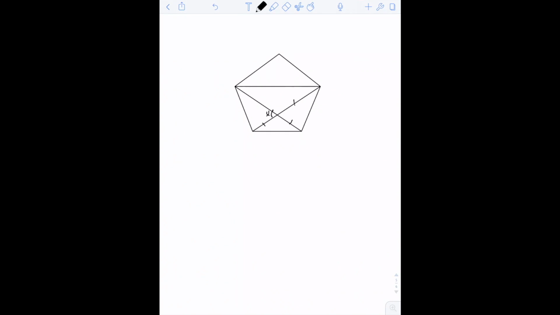Now let's say we have a regular pentagon and we want to find this angle. So we can see that these lengths are the same by symmetry, and these two lines are parallel. So these two shaded triangles are similar by ASA similarity, and these angles are congruent. So the sum of the interior angles of this pentagon, like before, is 180 times 5 minus 2, which is 540 degrees.